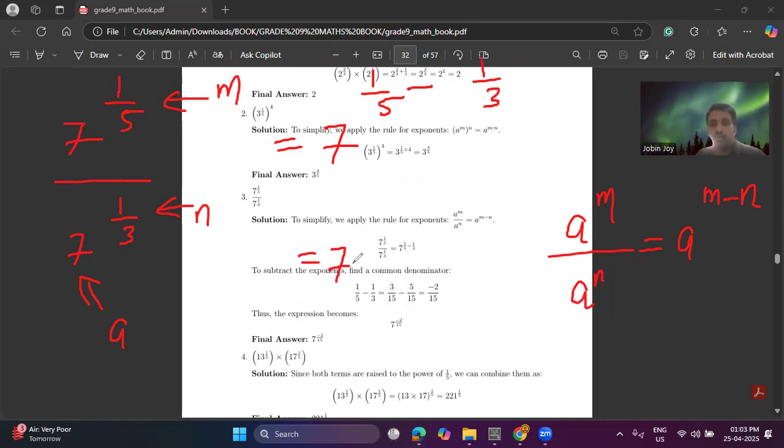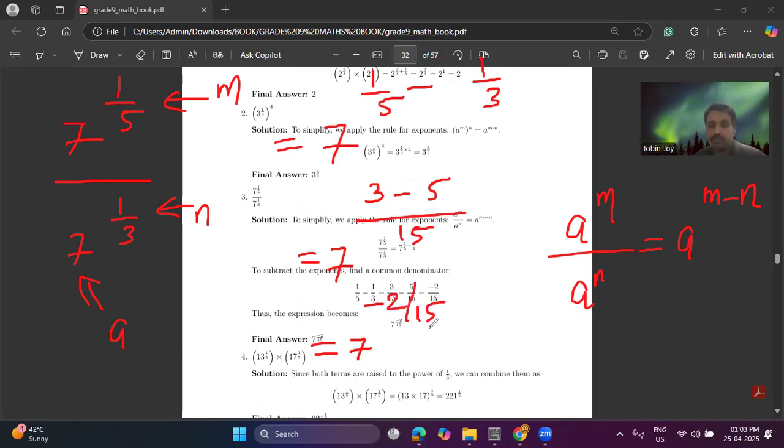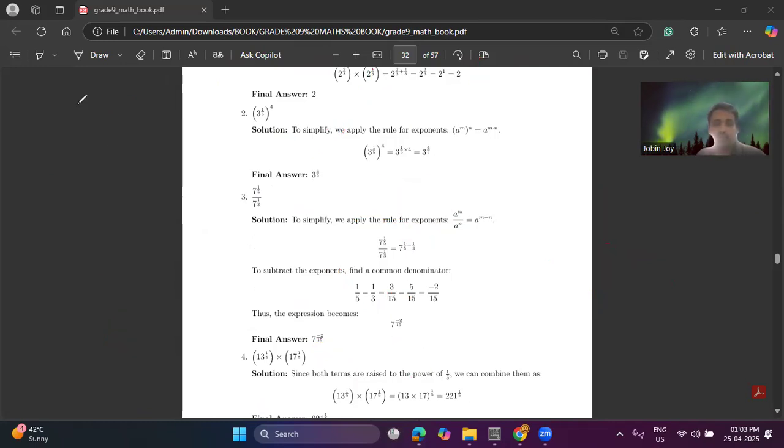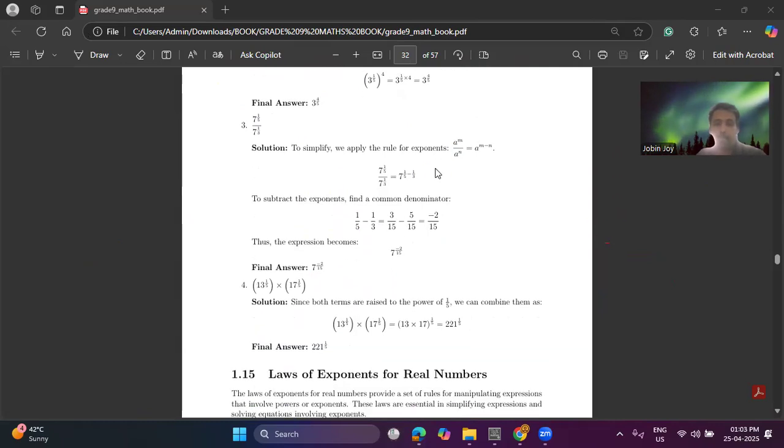Check the denominators 5 and 3. I am taking 5 into 3, 15, as the LCM. So 15 by 5 is 3, 3 into 1, 3 here, minus 15 by 3 is 5, 5 into 1, 5 here. So this will be 7 raised to 3 minus 5, which is minus 2 by 15. 7 raised to minus 2 by 15.